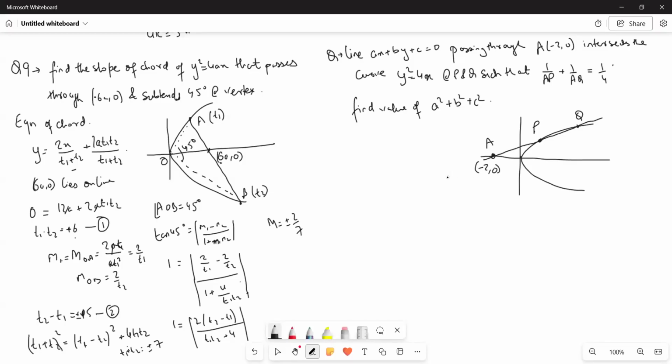We have to find the value of a square plus b square plus c square. Generally, it's a question based on distances. How do you solve questions based on distances? We use the parametric equation of the line.